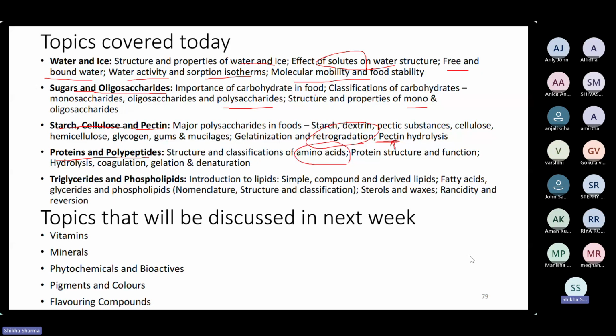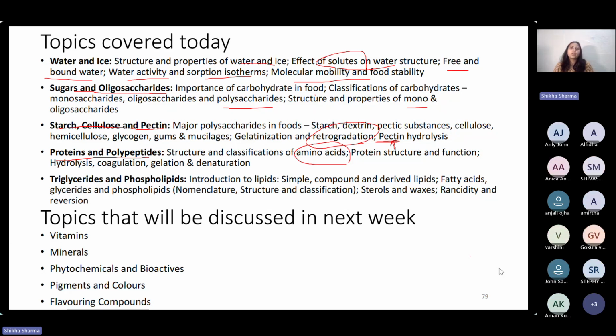Then we discussed the different bonds, like hydrogen bonding, hydrophobic interactions, ionic interactions, and sulfide bonds between amino acids, and the denaturation of the protein. Then we discussed fatty acids, the essential fatty acids and the conditionally essential fatty acids, and how they are metabolized.